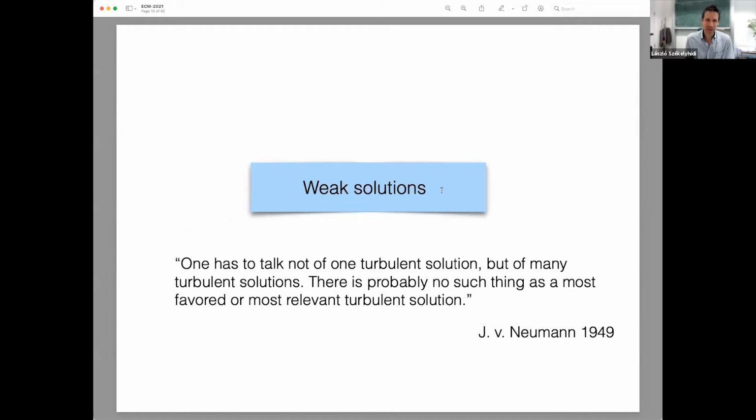And there's this nice quotation of John von Neumann that one has to talk not of one turbulent solution, but of many. There's probably no such thing as a most favored or most relevant turbulent solution. So my message from this sentence of von Neumann is that uniqueness is a standard question that people look at, but is maybe overrated, at least in the context of turbulence. There are other questions which might be more relevant.